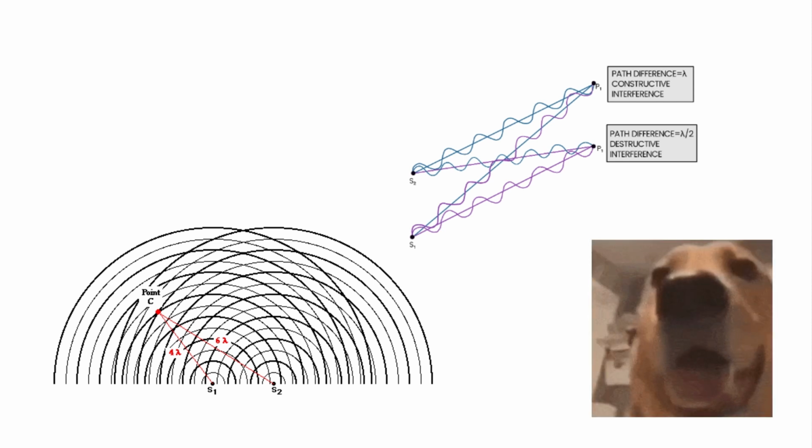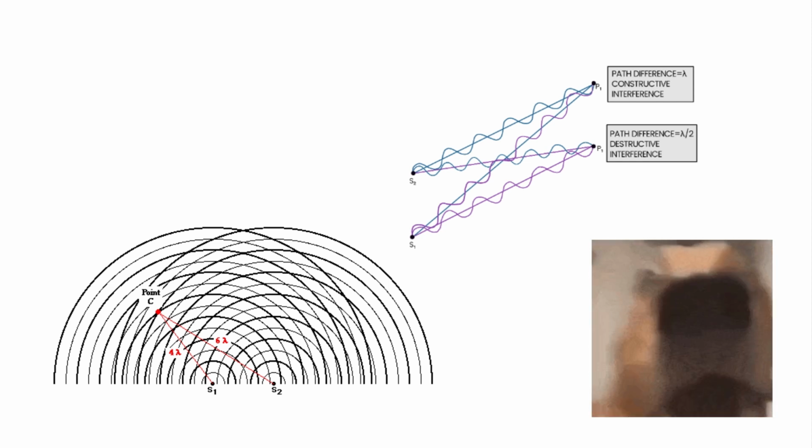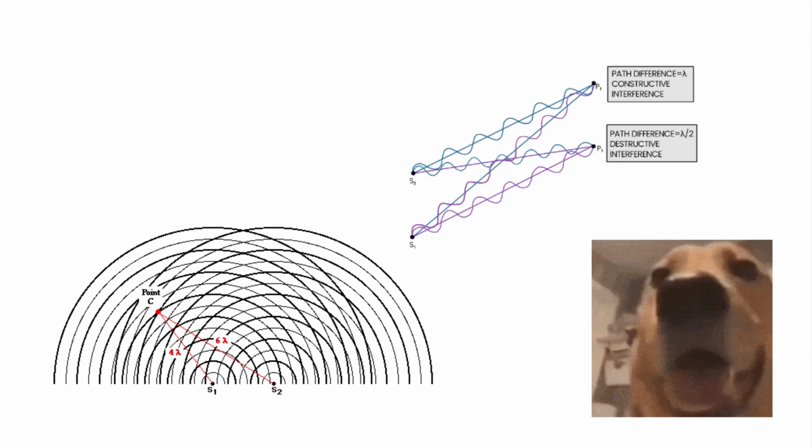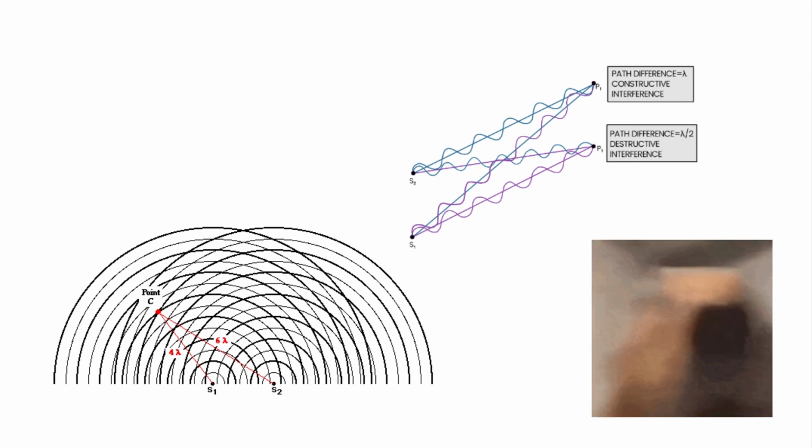Then there's the formula for this, where you can calculate the separation of fringes. In this case, y is equal to lambda, which is the wavelength of the sources, times D, which is the distance between the sources.